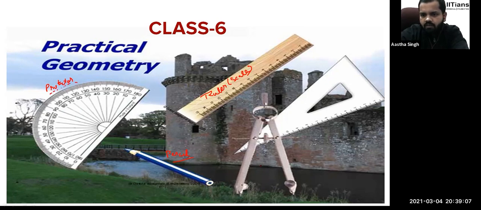This is basically your divider, and a pencil is there, and midpoint, then it becomes a compass. Okay, this is basically a set square. So these are your tools which will be used for your geometry, right? For your construction.